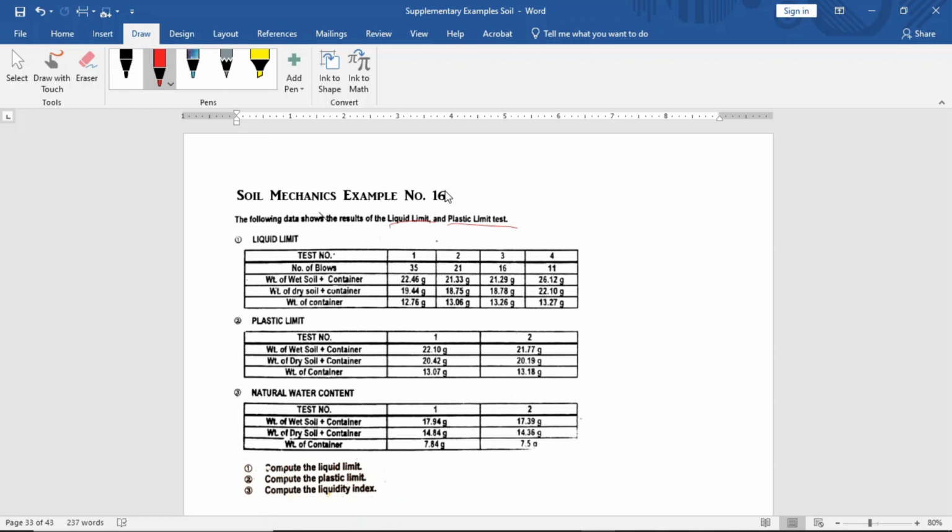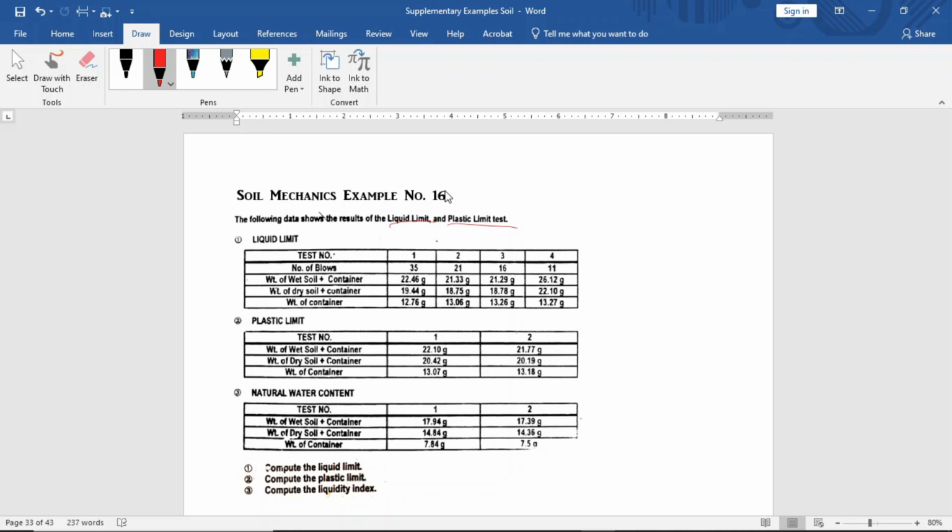Weight of wet soil plus container is 22.46 grams, 21.33 grams, 21.29 grams, and 26.12 grams respectively. So, weight of dry soil plus container is 19.4 grams, 18.75 grams, 18.78 grams, and 22.10 grams. So, weight of container is 12.76 grams, 13.06 grams, 13.26 grams, 13.27 grams.